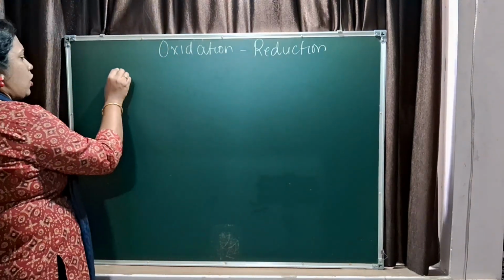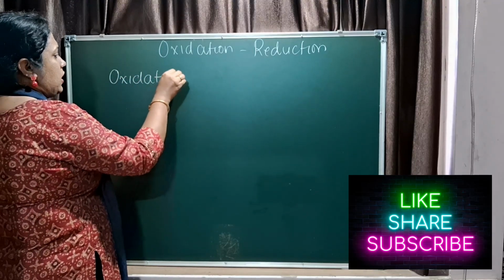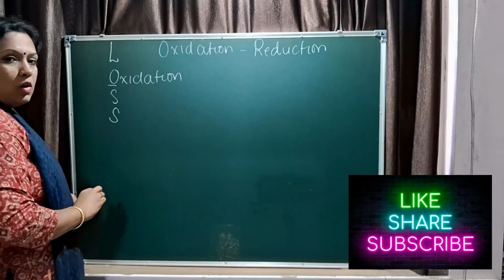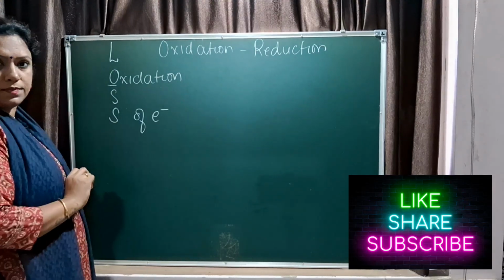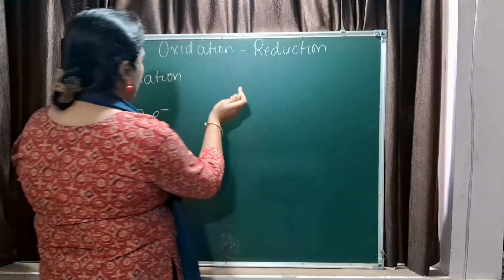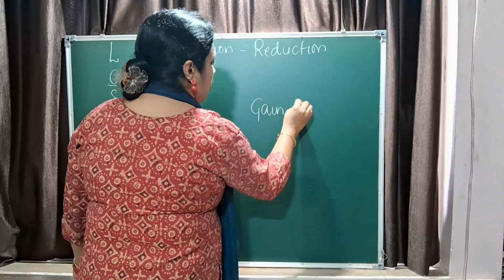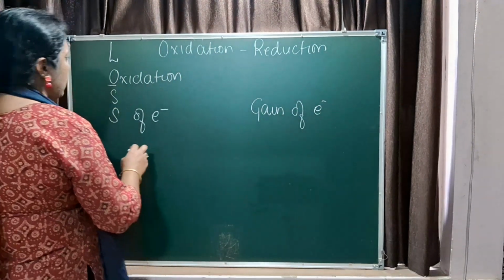Now, when I talk about oxidation, oxidation, the O is from the word loss. Loss of what? Loss of electrons. And reduction is therefore the opposite of oxidation, that is gain of electrons. Fine. Now what else?